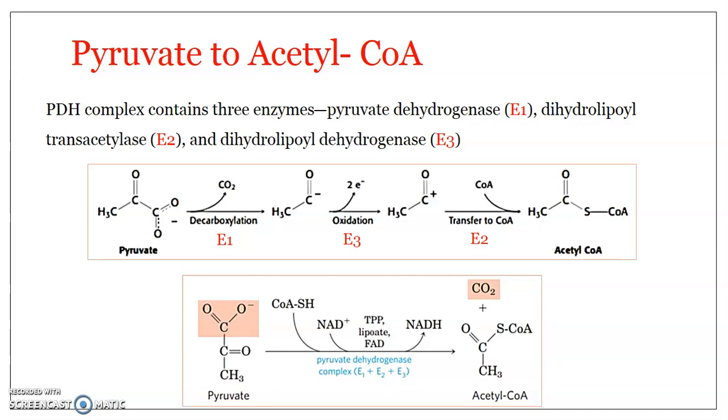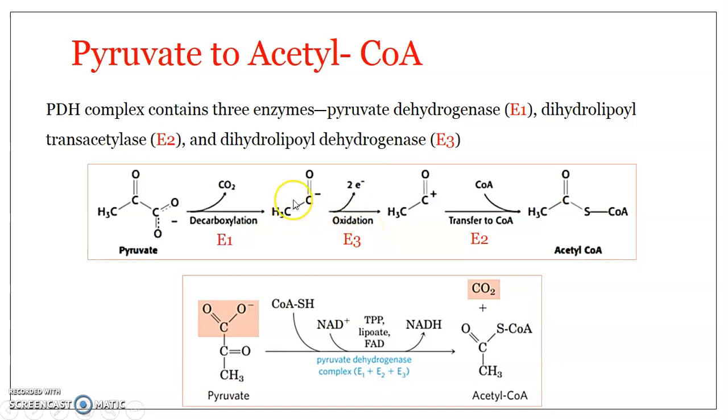It is thiamine pyrophosphate. Now, the next step is where the acetyl TPP complex undergoes oxidation, right? A 2-carbon acetyl group gets transferred from acetyl TPP to lipoic acid. This reaction needs the presence of lipoic acid, or lipoate, right?